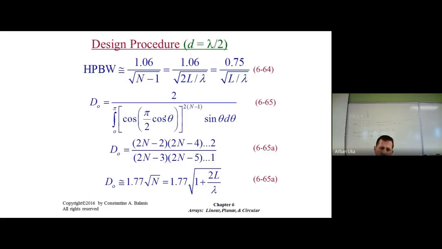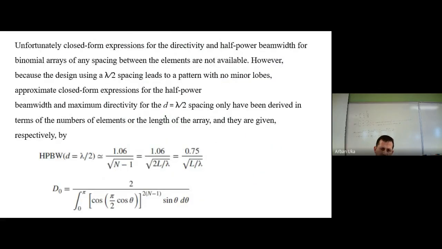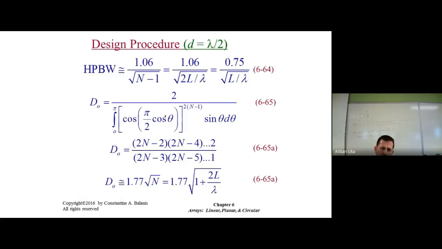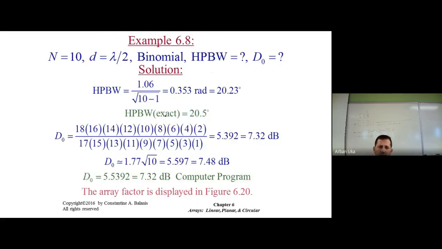Now here we see an example of how we can design the antenna. This is the directivity, which is given by this expression. If we substitute here for the directivity, this is what we find as a function of the wavelength. So here we have an example. We're given a certain number of antenna components.